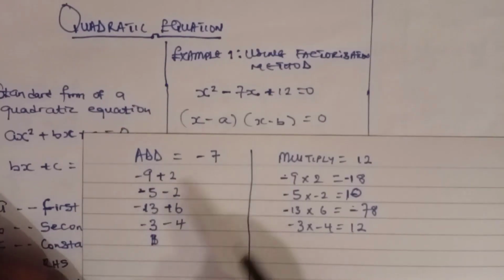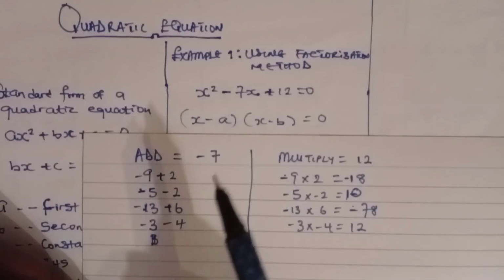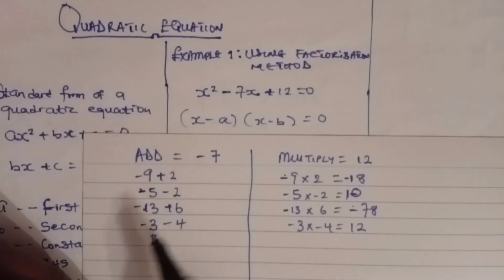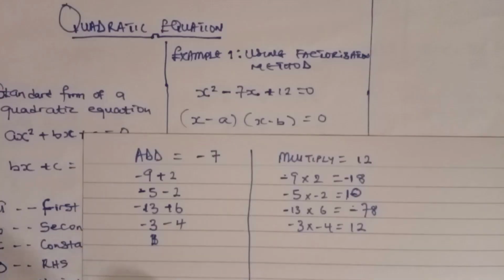After every thought I had, I found out that -3 and -4 is going to give me -7, and -3 times -4 is going to give me 12.